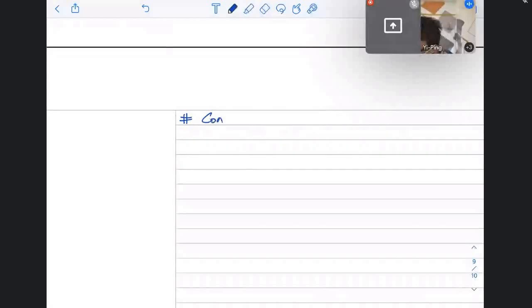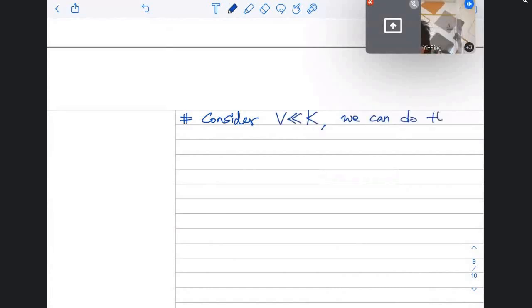So consider KV smaller than K, so we can do the calculation perturbatively.